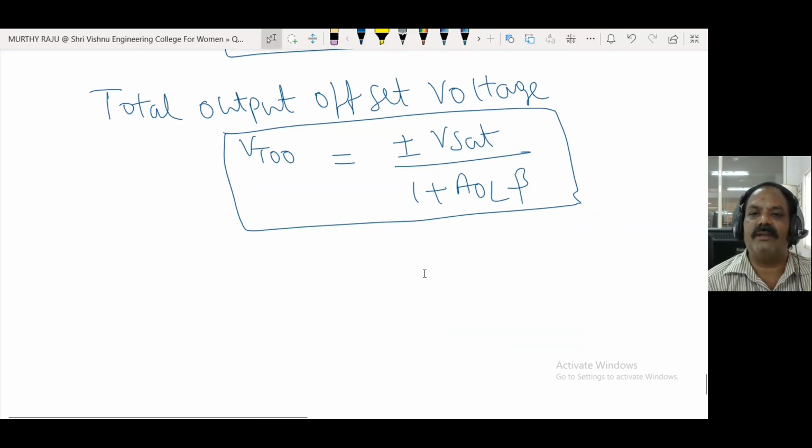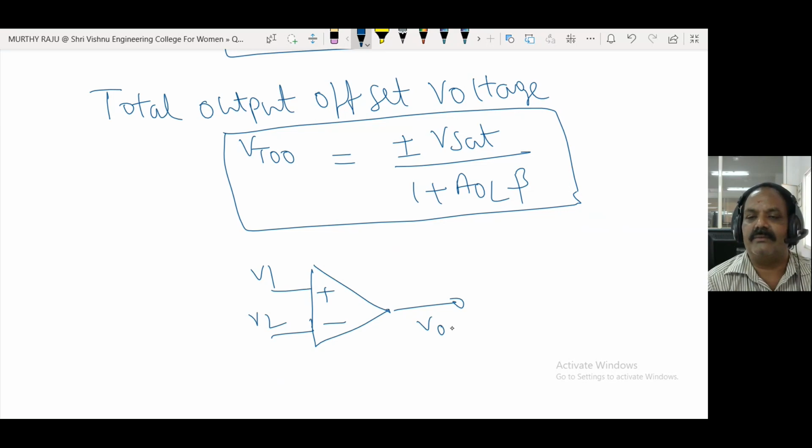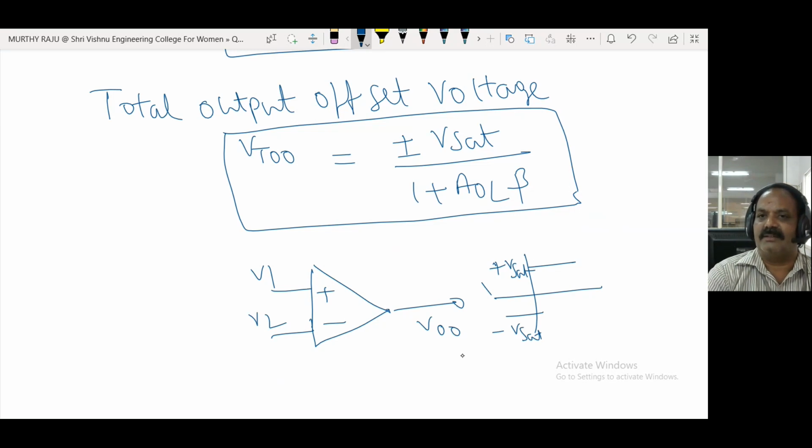Under closed loop condition without any feedback, this is the op amp, with non-inverting terminal V1 and inverting terminal V2, and output V0. The output offset voltage under open loop condition is based on the saturation values of the op amp, plus Vsat and minus Vsat. The offset voltage depends on these two values.